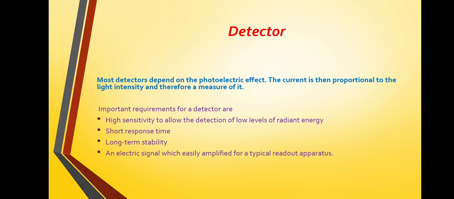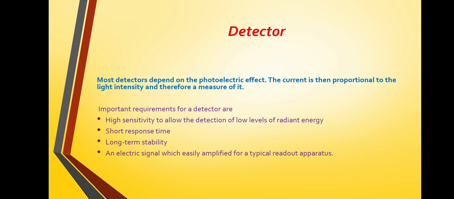Now we are going to discuss the important requirements for a detector. The first requirement is high sensitivity to allow the detection of low levels of radiant energy. The second requirement is short response time. The next requirement is long-term stability.